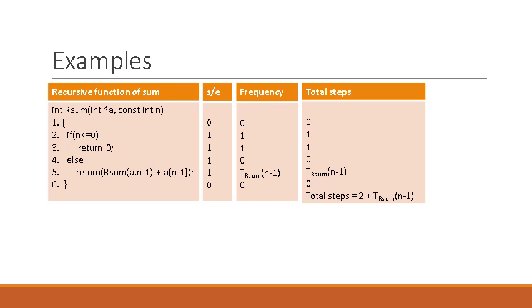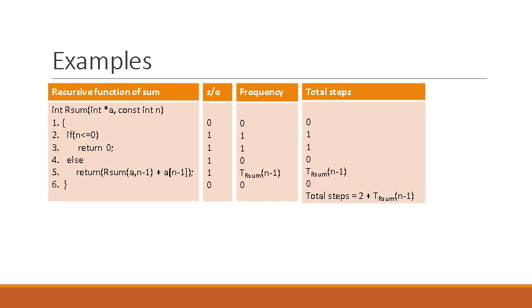Now here you can see, if I am passing n as 5, how many times is the RSum function going to execute? That will be 4 times. When n is 5, for 4 it is going to call the function, for 3, for 2 and for 1 it is going to call.